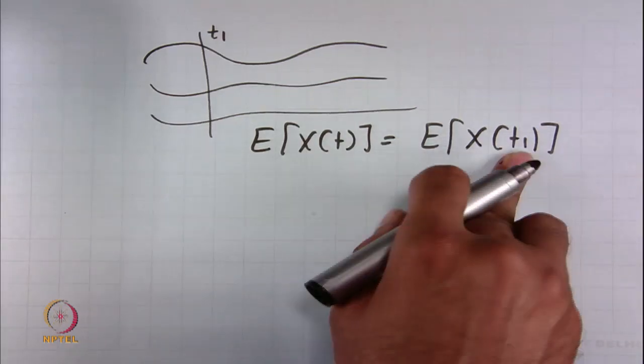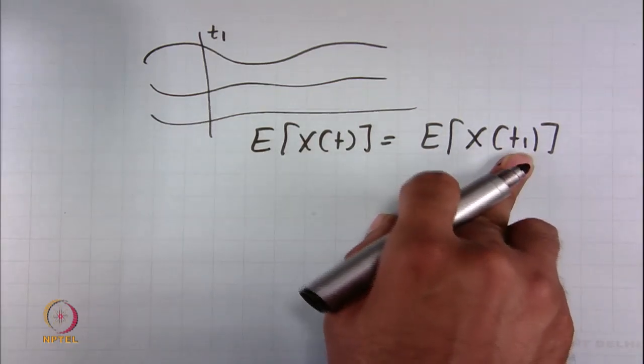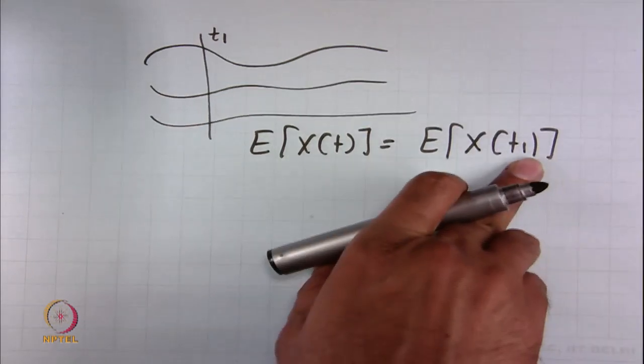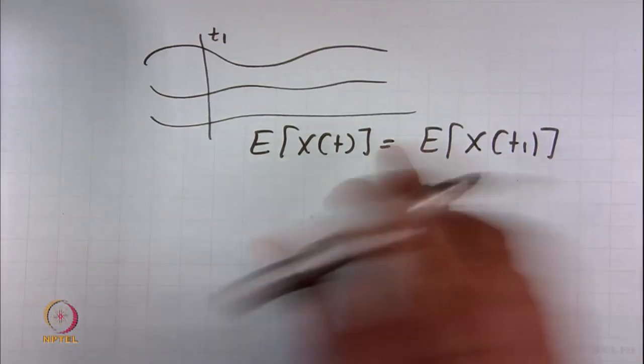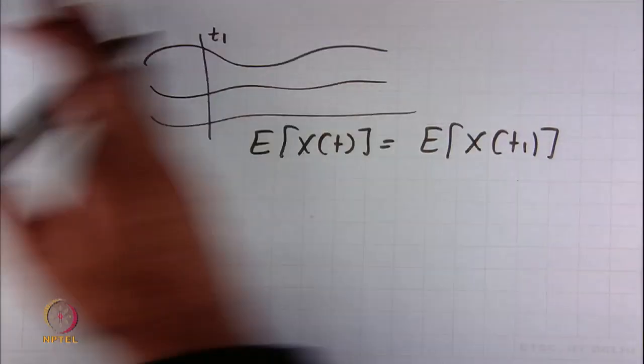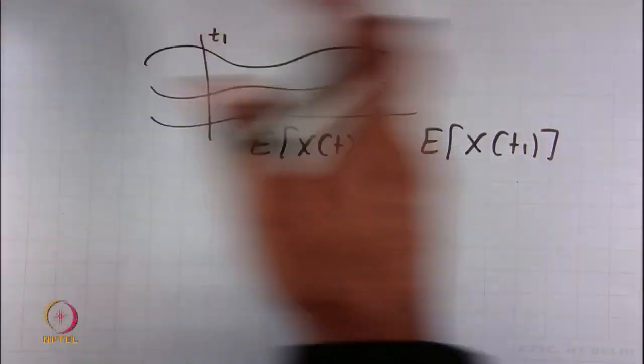So, you calculate the ensemble average, or the expected value, of this random variable xt1, and similarly you can calculate the mean of this random process by varying your t from minus infinity to plus infinity.